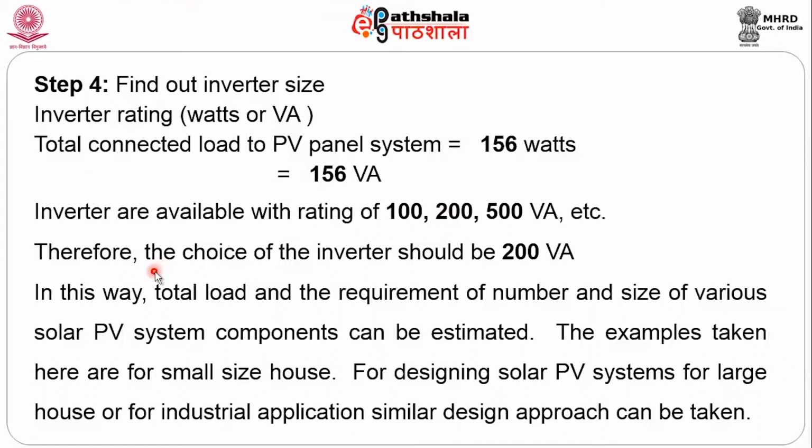So, we can choose the required inverter as 200 watts or 200 VA, and this is the inverter selection. For this solar PV system, we need 1 battery for the storage and 1 inverter of about 200 VA capacity.